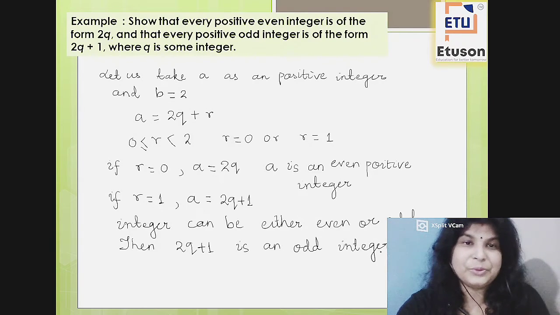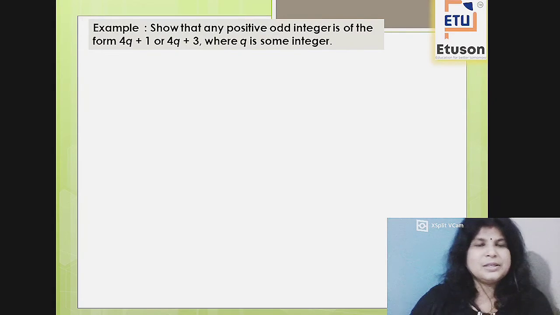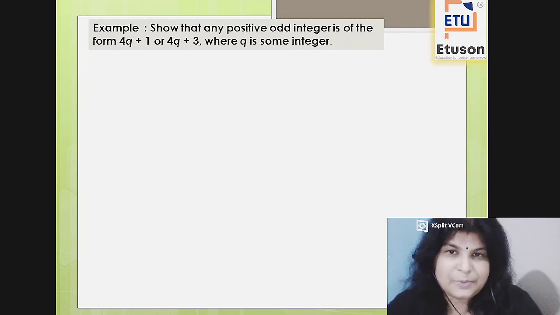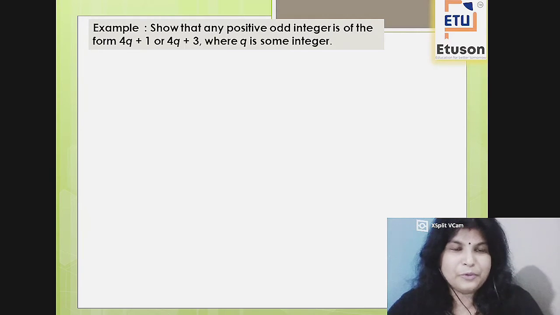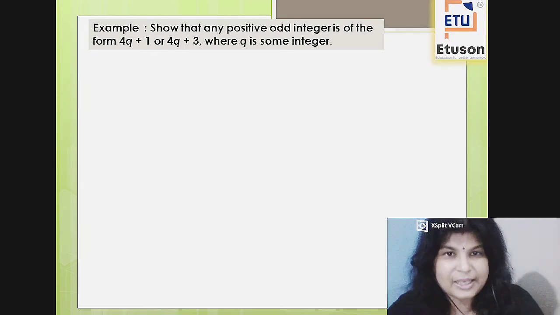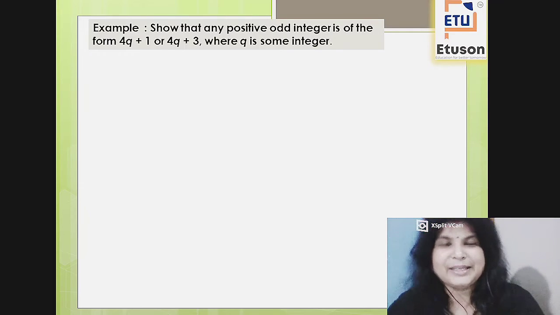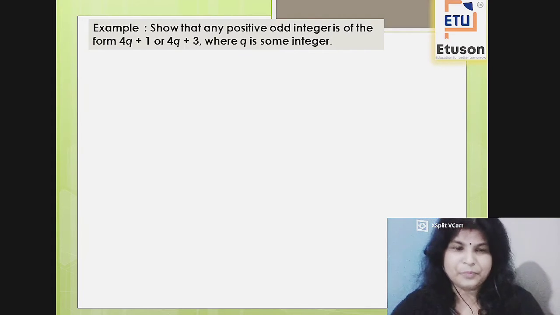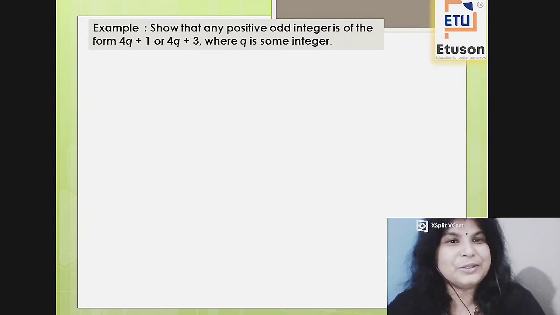So let us go to a similar kind of problem in which you have to show that any positive odd integer is of the form 4q plus 1 or 4q plus 3, where q is some integer. This problem is also similar to the previous problem. The only difference is that in the previous problem we took b equal to 2.